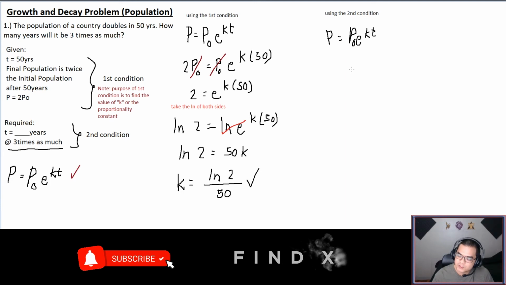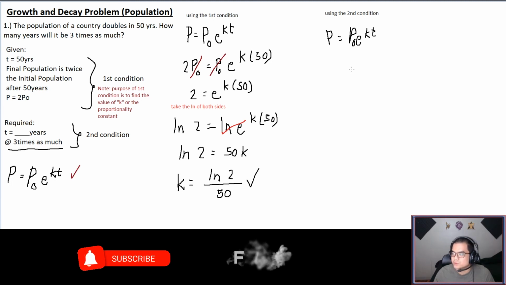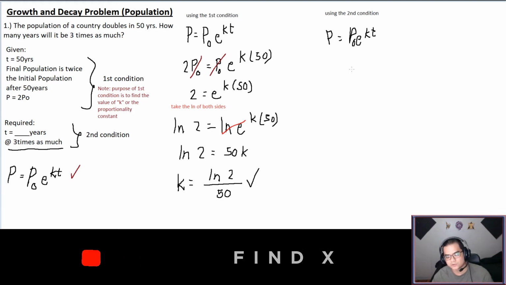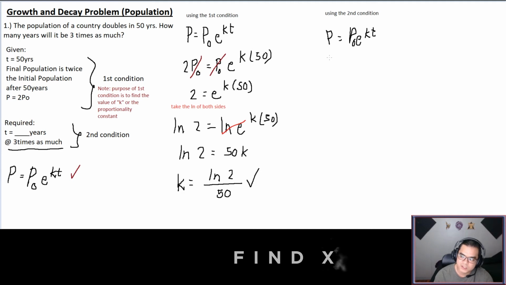So if your initial population is 100,000, after t years, whatever that year is, the population now will be 300,000. So we are asked to find when will that happen. So we are asked to find t.